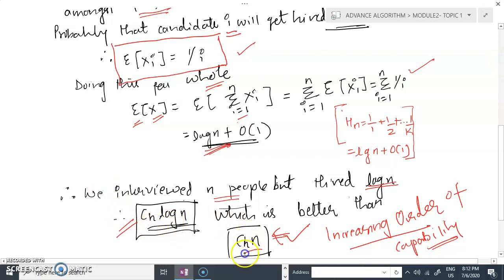Here it was c h of n because all n candidates were hired. Here we will interview n people, but we will hire only log n people, so the cost will be c h log n.